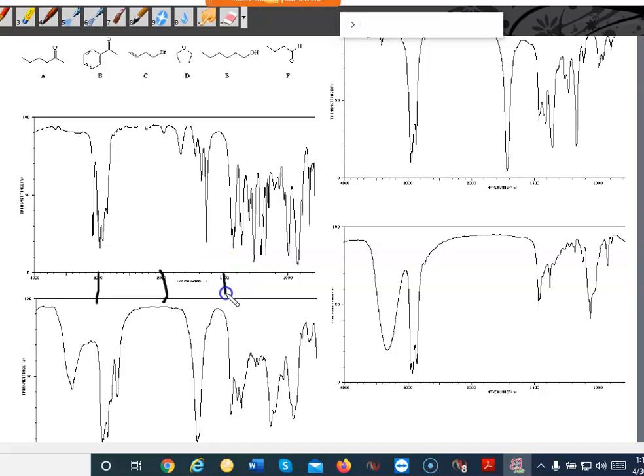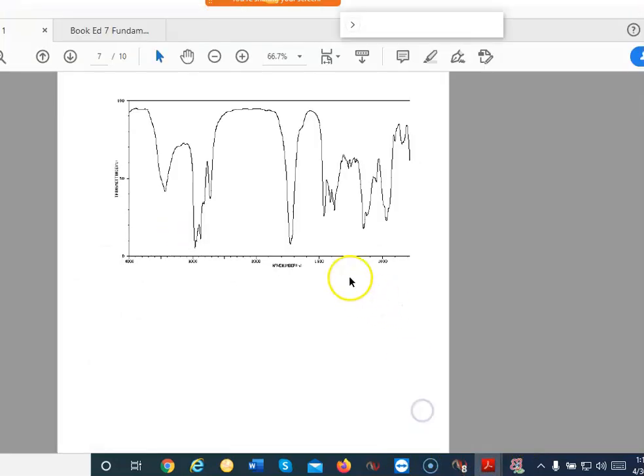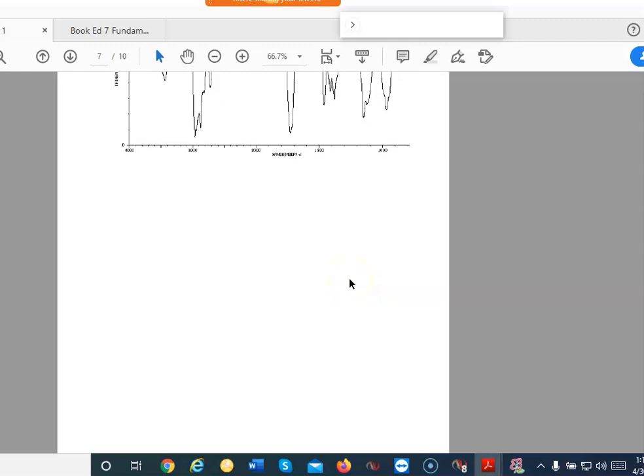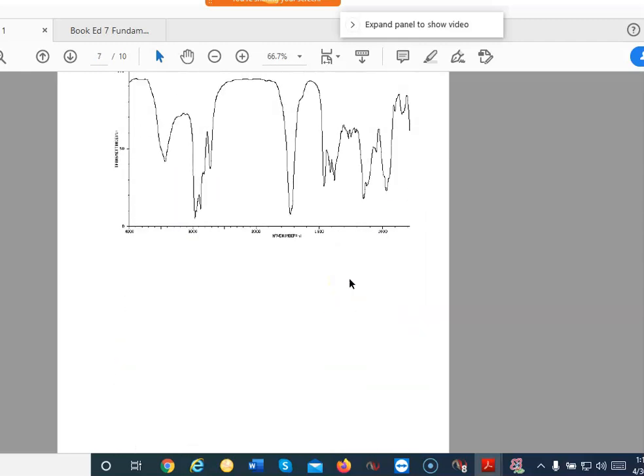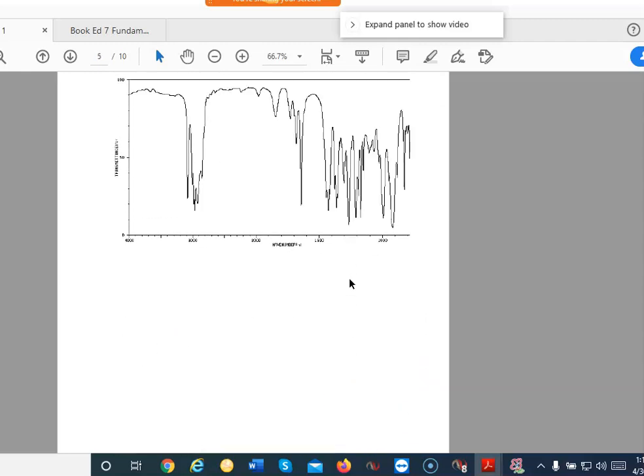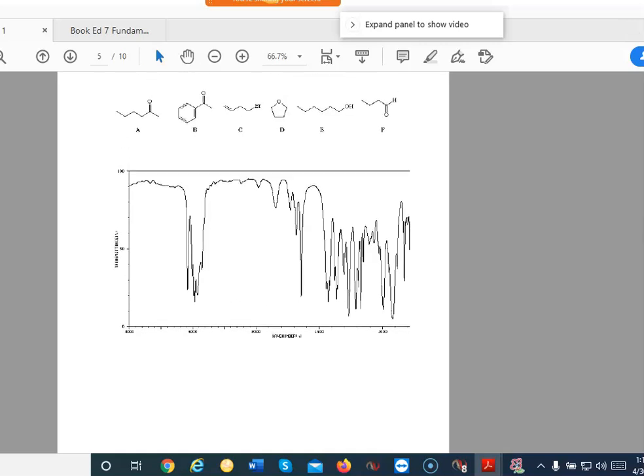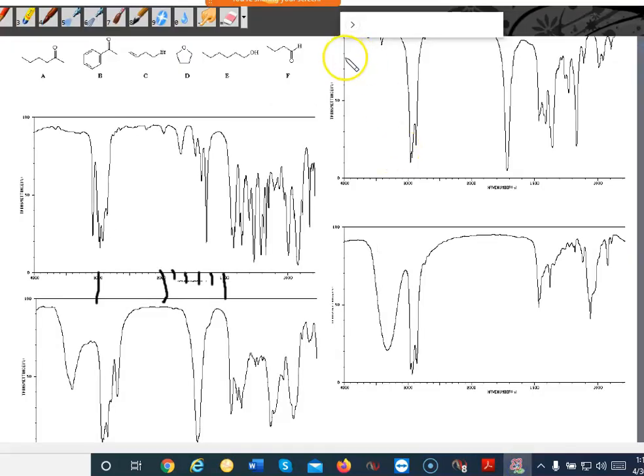Here's 1,500, 1,600, 1,700, 1,800, 1,900. Okay? You guys see everything? I think there's just 4. Yeah, that's the next one. Okay. That's page 7. That's page 6. Page 5. All right, perfect. We got it. We made it work.